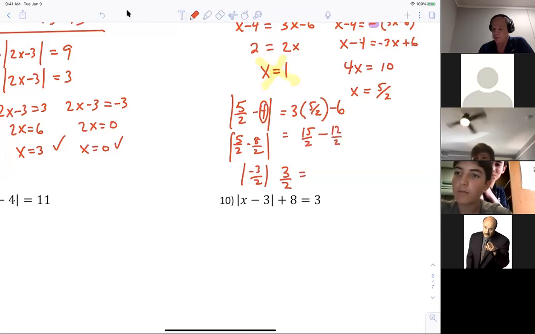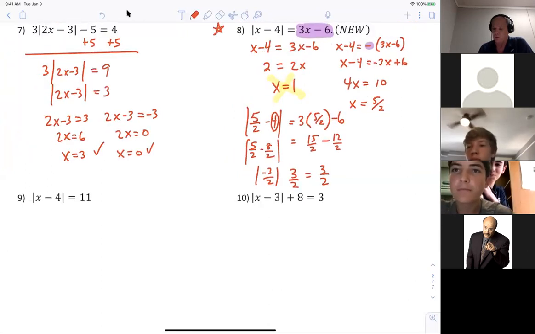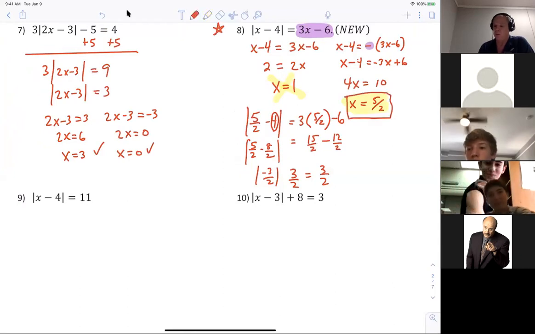And so 15/2 minus 12/2 is what? 3/2. So that was a good answer. So 5/2 is the only answer. There are times when you can get no solution, when neither point works. But that's the importance of having to substitute numbers in.